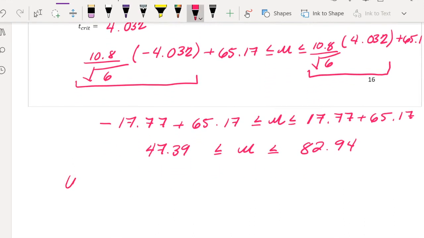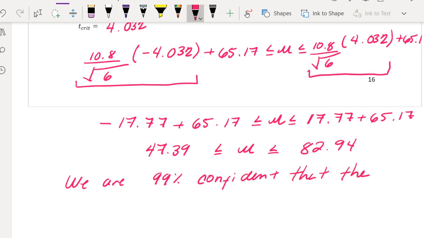So we are 99% confident that the population mean of, is it home fires?